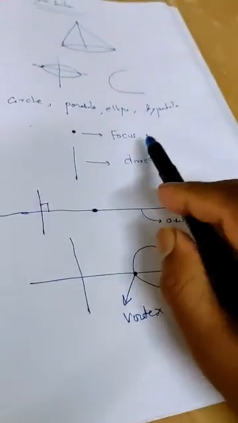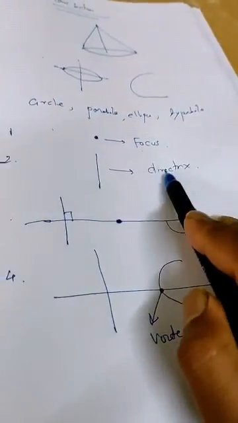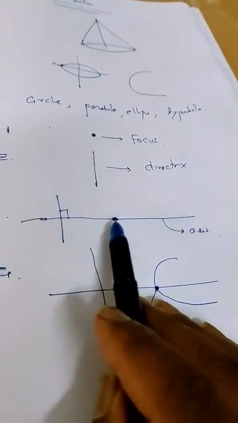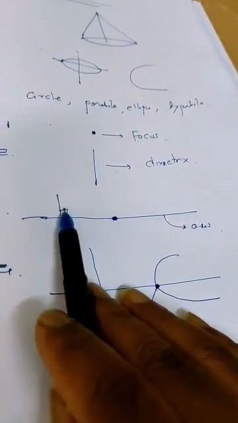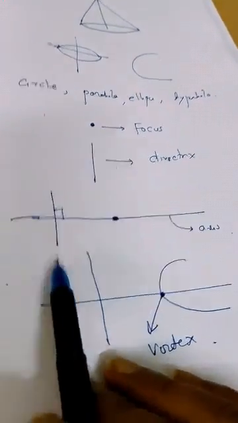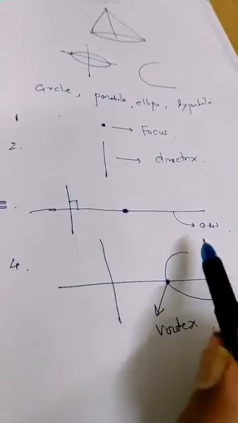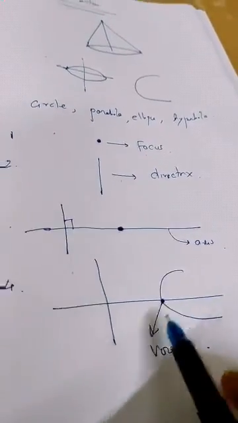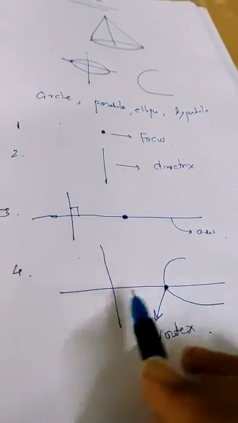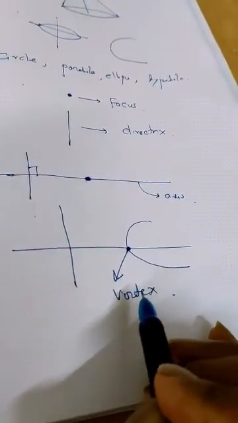So what did we get till now? Focus, fixed point. Directrix, fixed line. Axis, the line passing through the focus and perpendicular to the directrix. The point at which the conic section intersects the axis is known as the vertex.